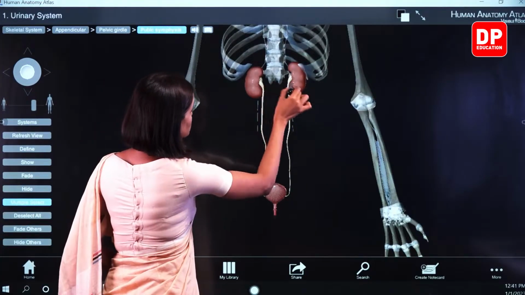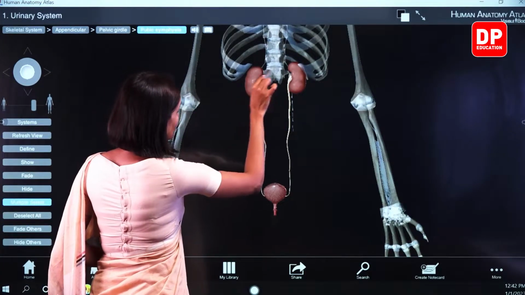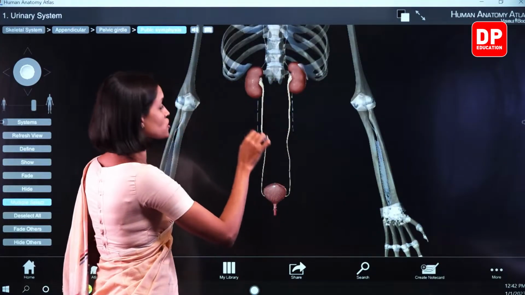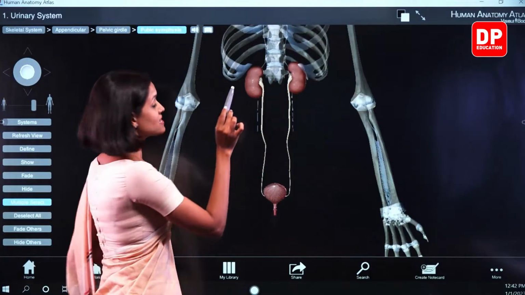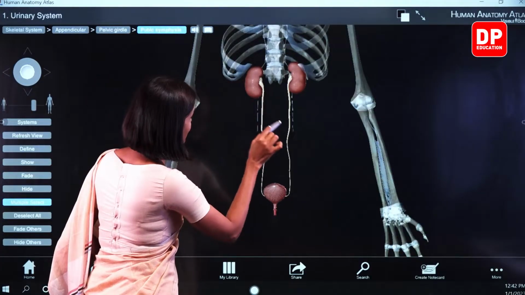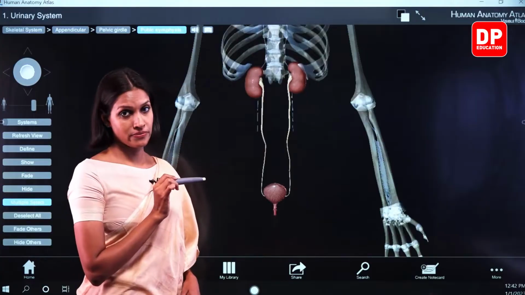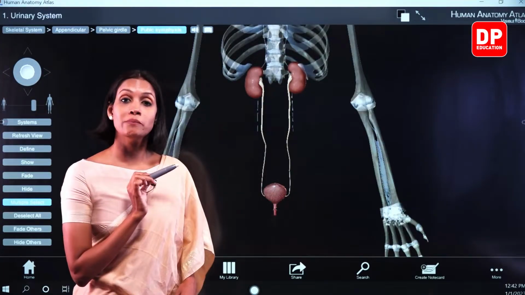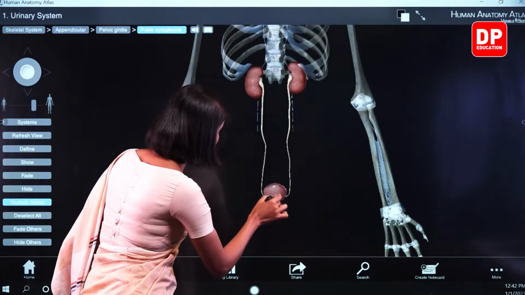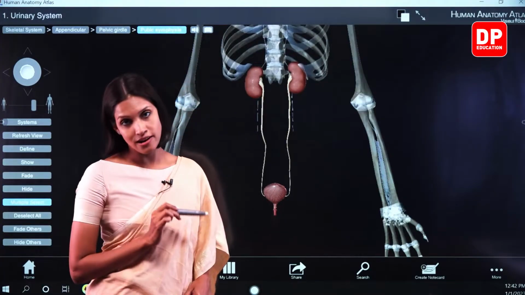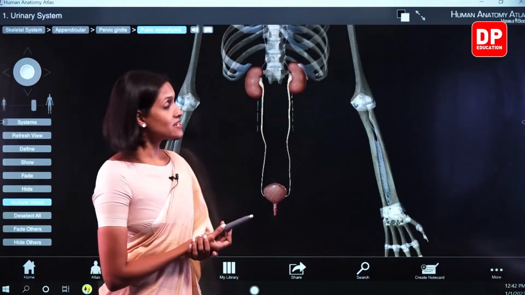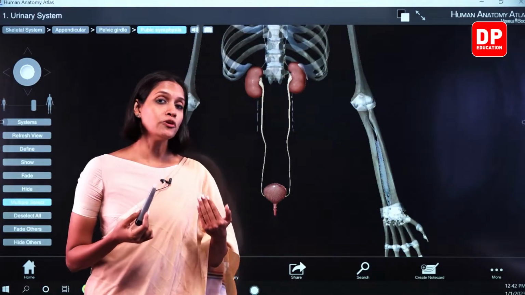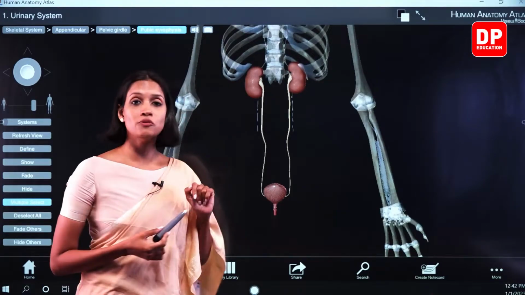So these are the two kidneys, right kidney and left kidney. And there are two tubular structures called ureters. This is the right ureter and this is the left ureter. Right? And this sac-like structure is known as the bladder. And this one tube-like structure is known as the urethra. Right, children? Now here, there's another very important thing that you have to keep in your mind.